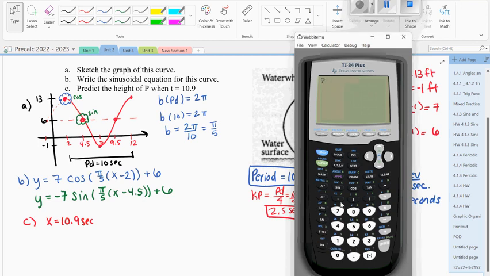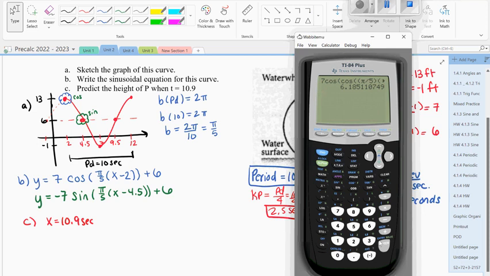We have 7 times the cosine of, make sure you put double parentheses there, pi divided by 5. And then our t or x is 10.9 minus, and we'll use the cosine top equation, so minus the 2 for the phase shift, and then plus 6. Make sure you are in radian mode, which we are, and enter.